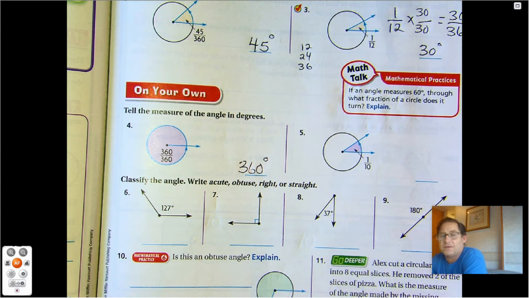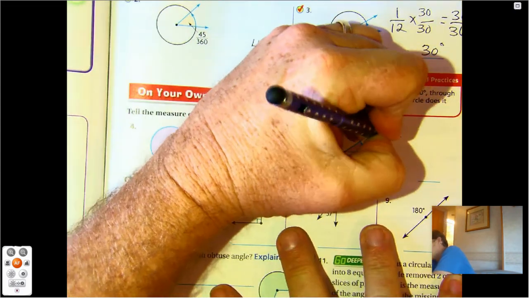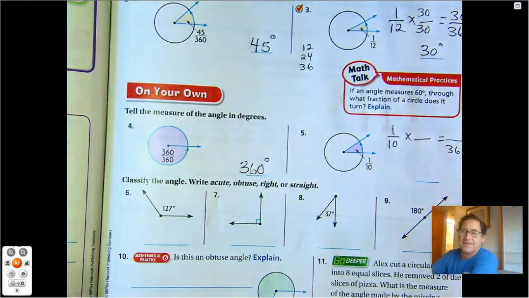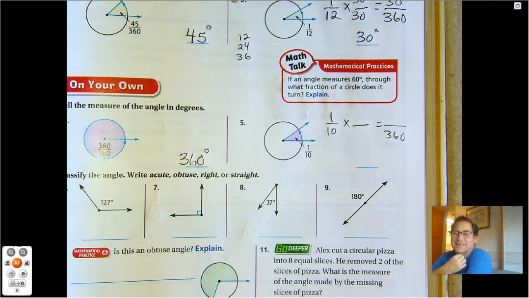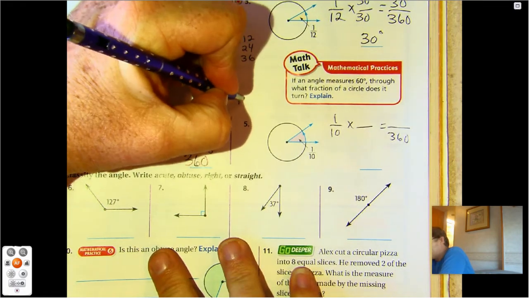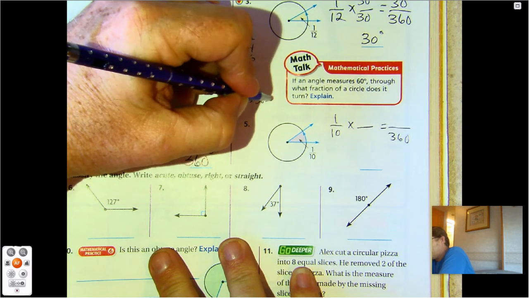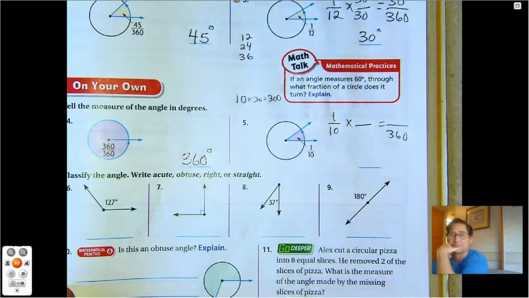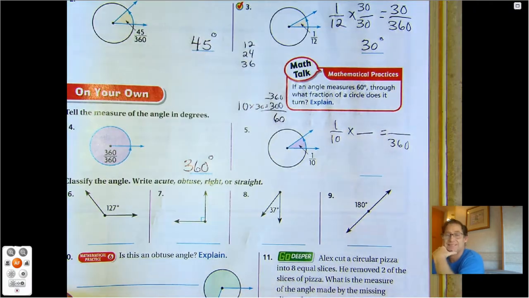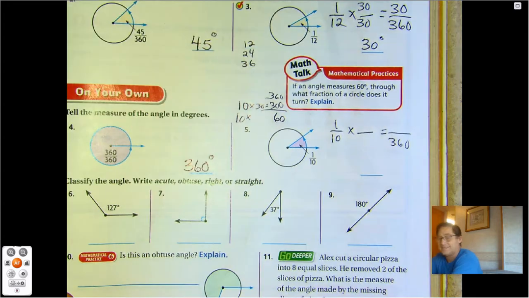All right, 1/10 of a circle. Okay, well, 1/10 times something. So let's think, 10 times what is 36? Well, 10 times nothing is 36, but 10 times 3 is 30. Okay, let's do this. 10 times 30 is 300. 360, take away 300 leaves me 60. 10 times what is 60? 6.